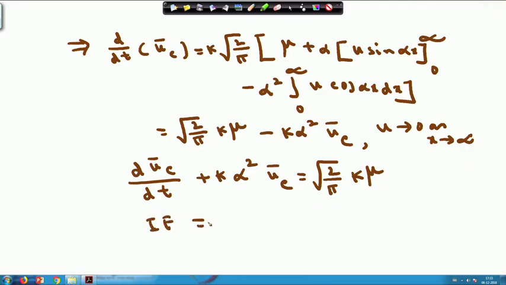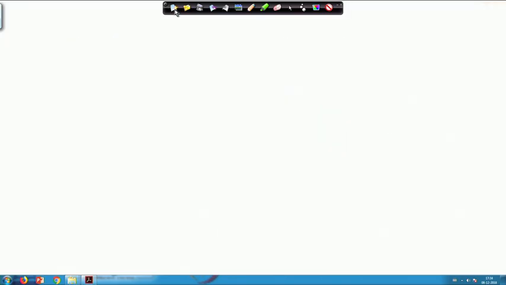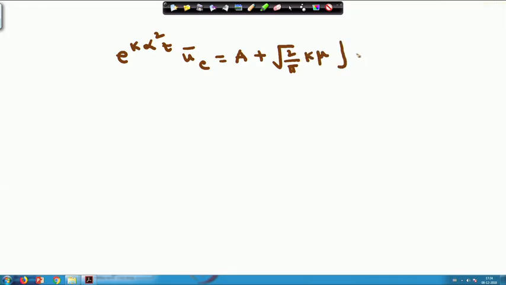The integrating factor for this is the integral of k into alpha square dt. So, this integrating factor will be e power k alpha square into t. So that the solution of this ordinary differential equation you can write as e power k alpha square t into u bar c equals some constant of integration A plus root over 2 by pi k mu into the integral of e power k alpha square t dt.